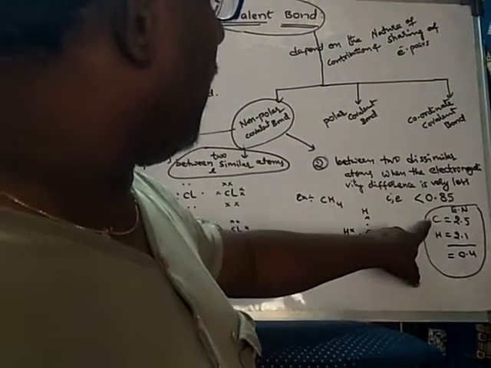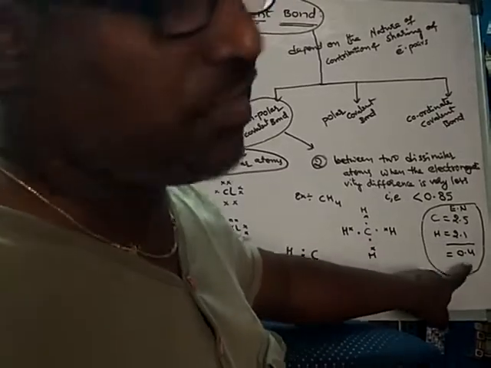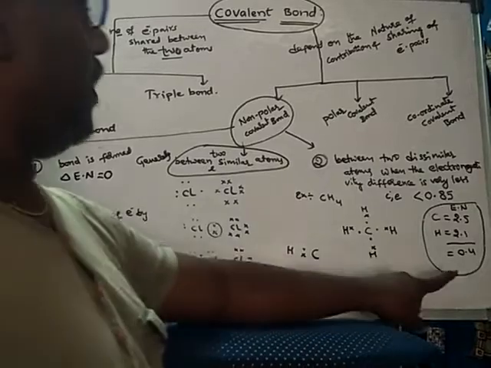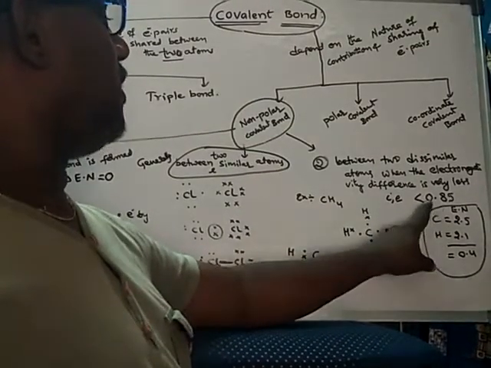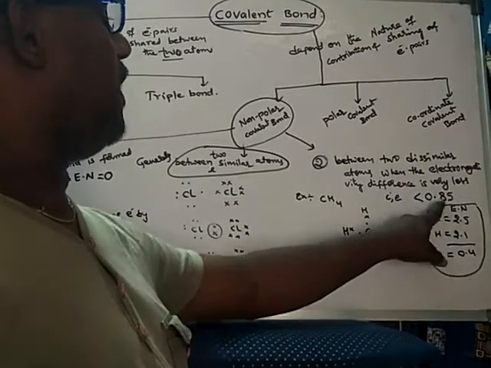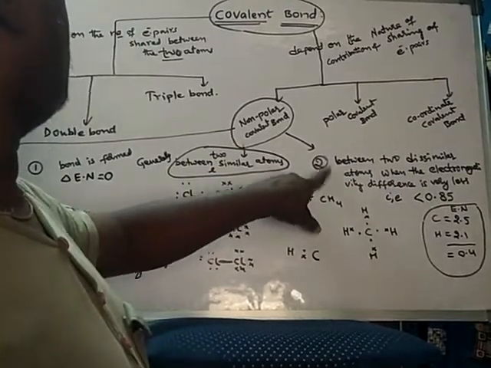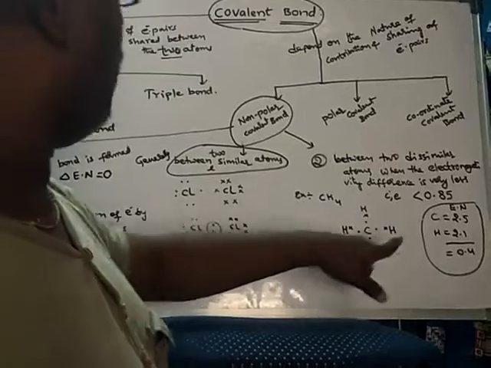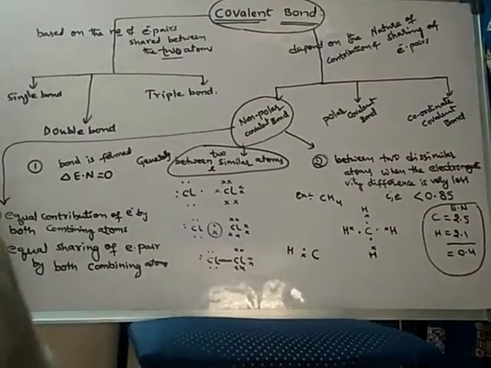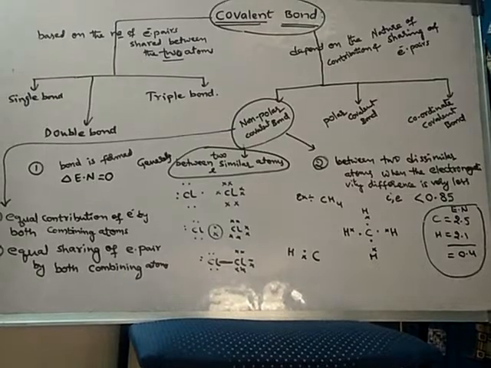So the difference in electronegativity of carbon and hydrogen is 0.4. That means the difference is less than 0.85. When the electronegativity difference is less than 0.85, then non-polar covalent bond is formed between these 2 atoms. Between carbon and hydrogen, non-polar covalent bond is formed.